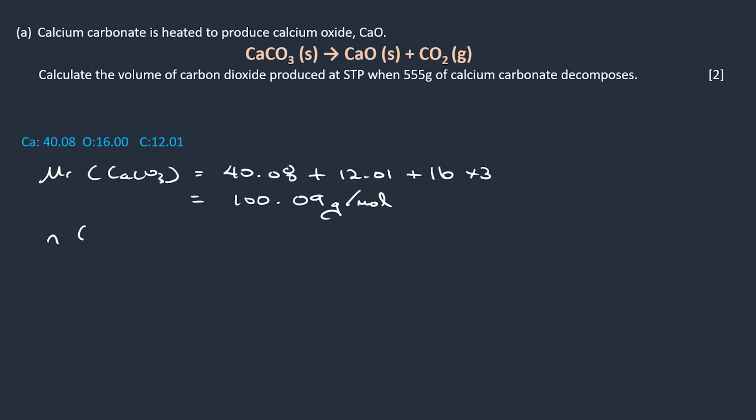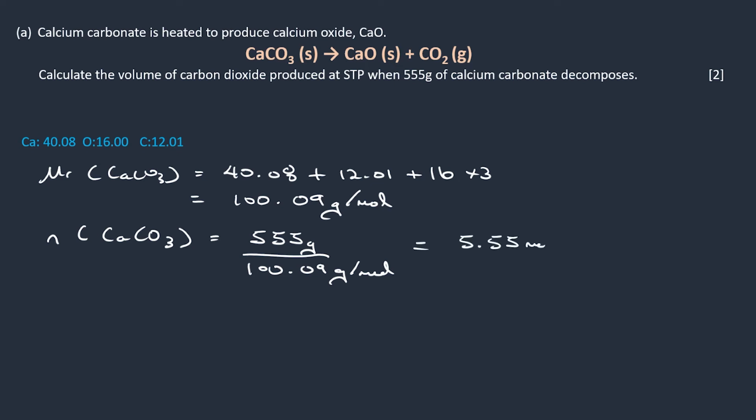Now, with the molar mass, we can find the number of moles of calcium carbonate, which would be 555 grams divided by the molar mass, which is 100.09 grams per mole.